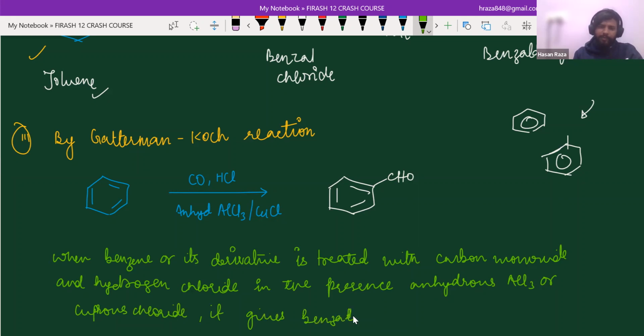Either it will give benzaldehyde if it is benzene, or substituted benzaldehyde if you have taken its derivative or substituted benzene.